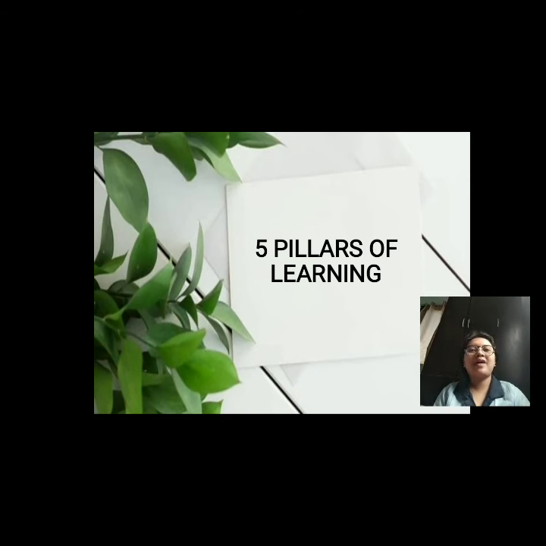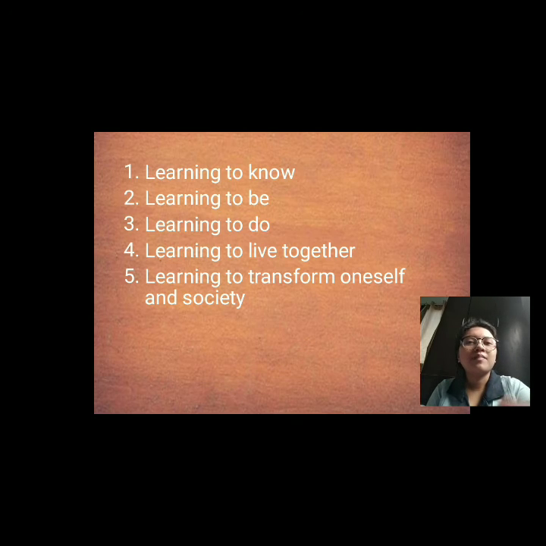Okay, we have 5 pillars of learning: learning to know, learning to be, learning to do, learning to live together, learning to transform oneself in society. Learning to know, it is the acquisition in mind, or cognitive, take note. Learning to be, it is personality development from yourself, or holistic development. Learning to do, it is the vocational and things to discover, or another term, application.